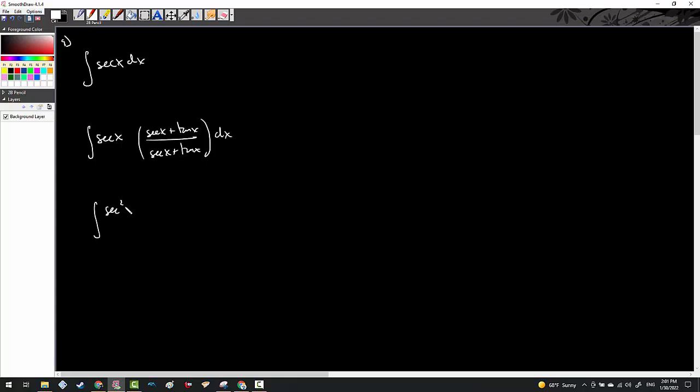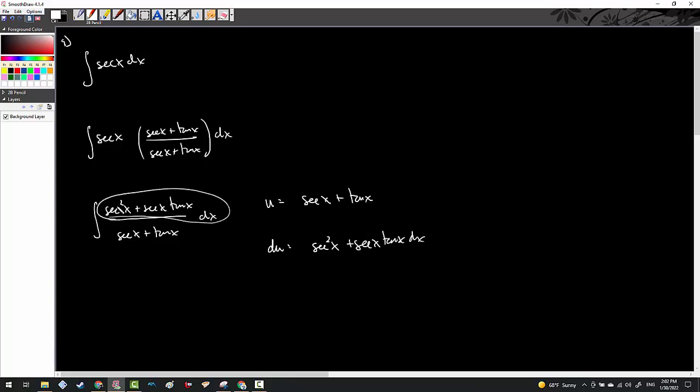So you get secant squared x plus secant x tan x over secant x plus tan x dx. u becomes secant x plus tan x. du ends up being secant squared x for the derivative of tangent, and then secant x tan x dx for the derivative of secant. That becomes your linkage.